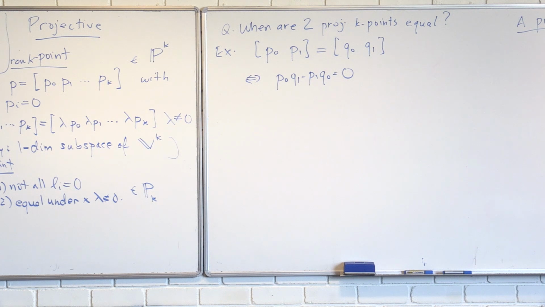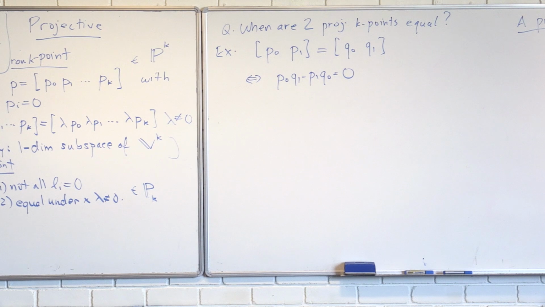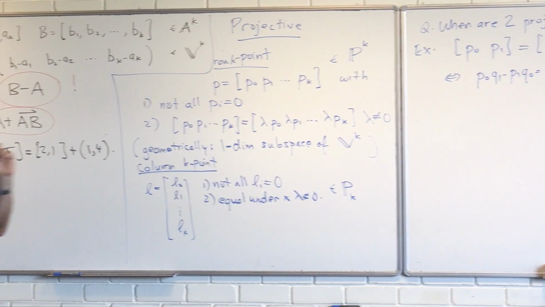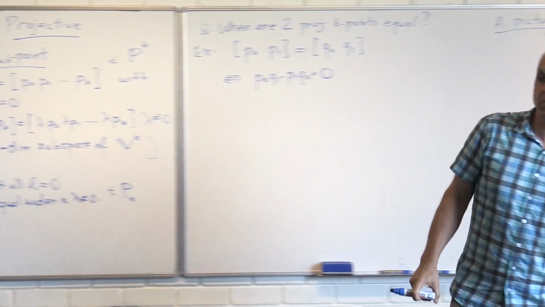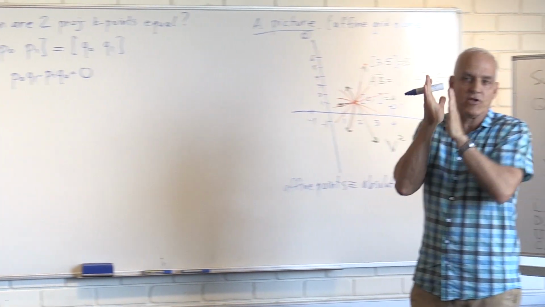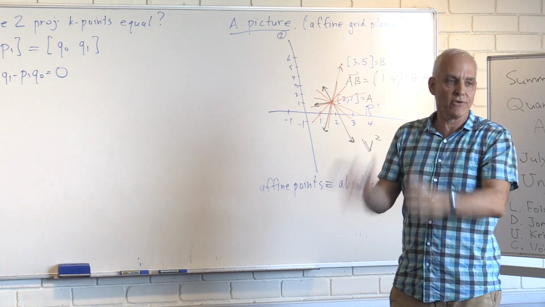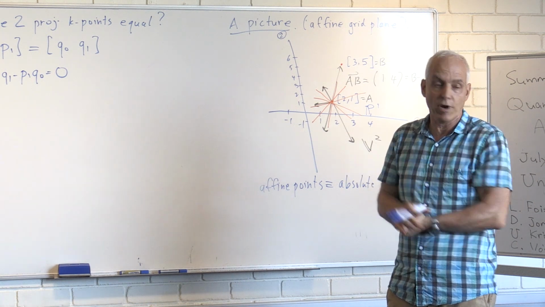That's a very elementary way that a determinant appears in mathematics. It's not appearing here as an area; the area is actually slightly secondary. This is a primary understanding of where the determinant appears: as a condition on when two vectors are parallel or when two projective points are equal.